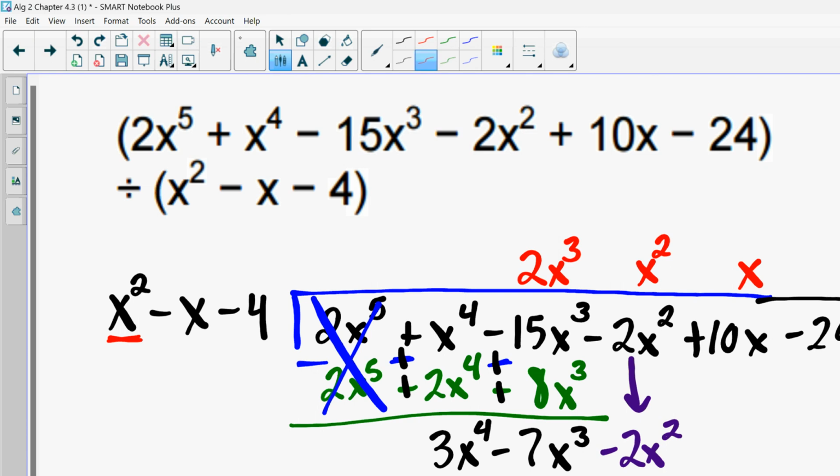Now in our next step, we need to see what times x squared will give us 3x to the 4th, not negative. Well, the number in front of our x squared is 1, so we do know that we'll need a positive 3. Well, x squared times x squared is indeed x to the 4th. So the next thing we're going to multiply is 3x squared.